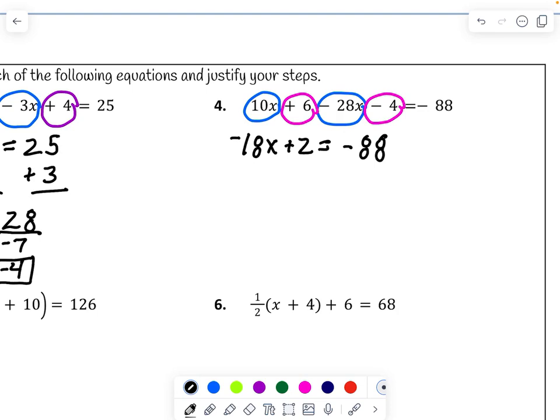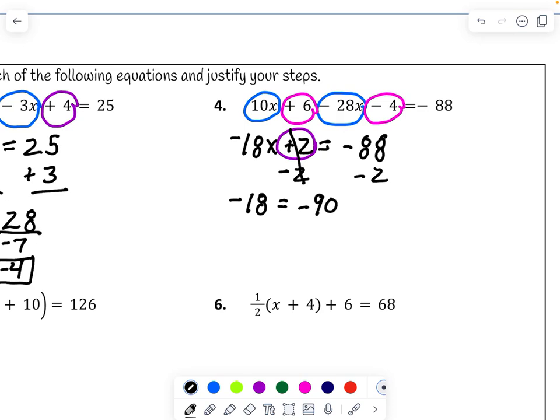Just like that. So now I'm going to skip to the plus and minus, the number step. I want that constant gone. This is my constant. So I'm going to do the opposite. Minus 2. Minus 2. Okay? So this turns into 0, and I'm left with negative 18x equals negative 90.